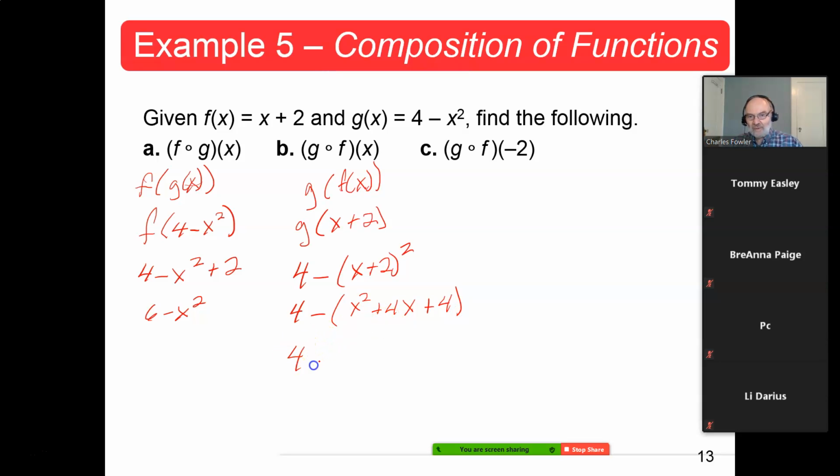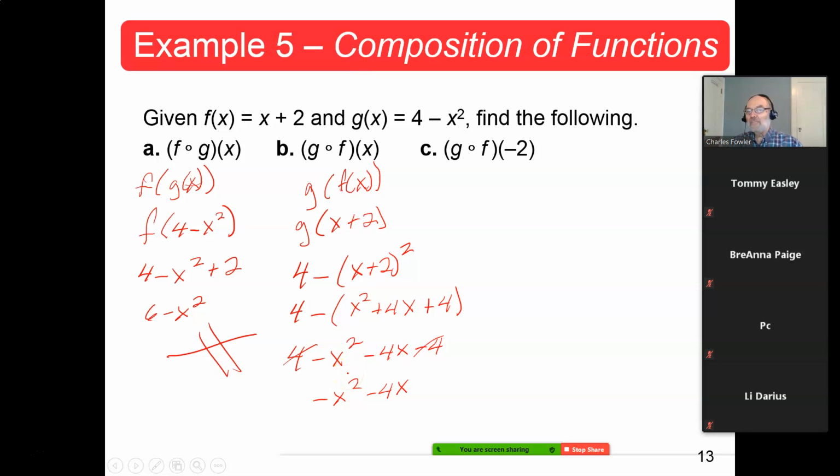This will be 4 minus x squared. You got to distribute this minus sign across everything. Minus 4x minus 4, and you notice plus 4 minus 4 adds to 0, and you wind up with minus x squared minus 4x.